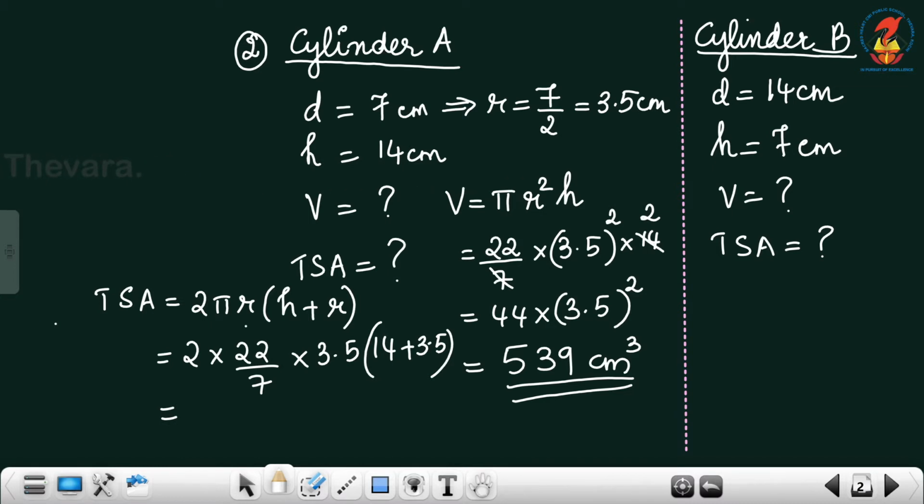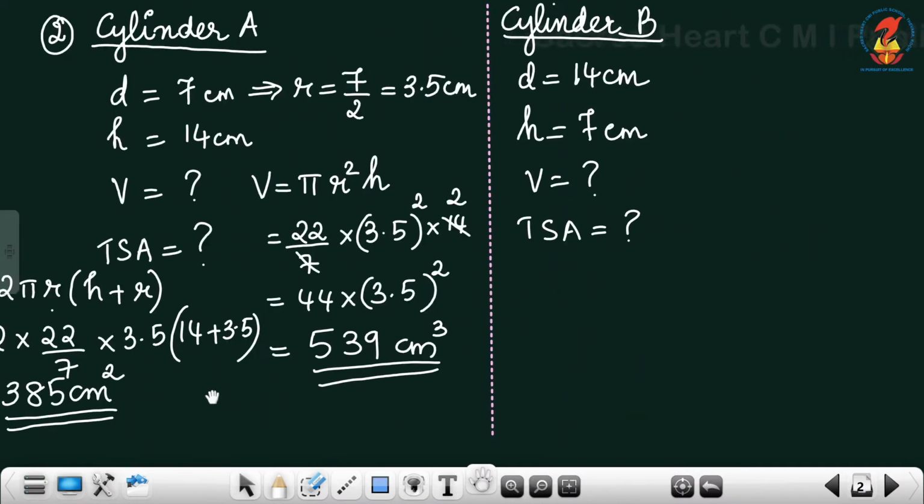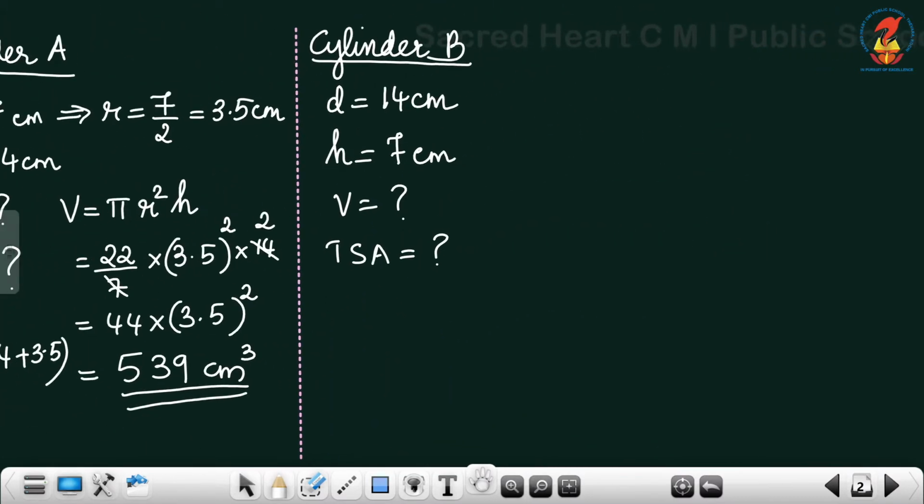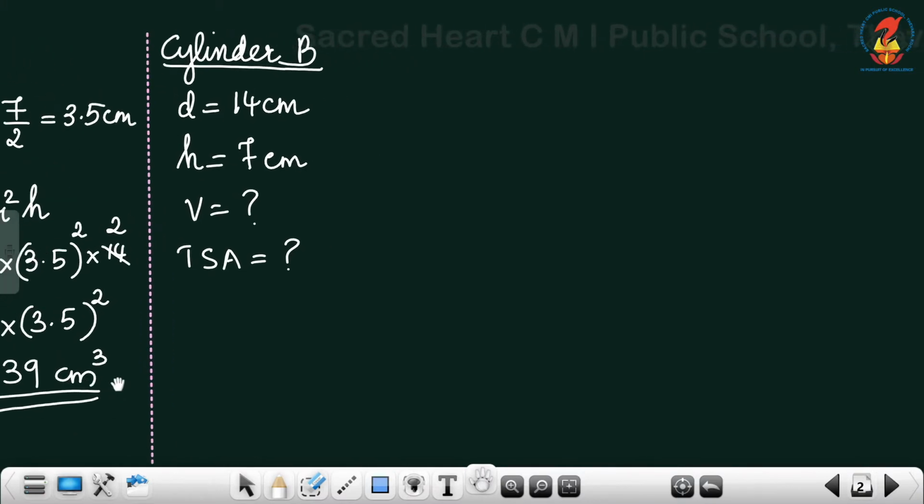After simplification, you will get the answer as 385. Since it's a surface area, unit will be centimeter square. So 385 centimeter square will be the surface area and 539 will be the volume. This is of cylinder A.